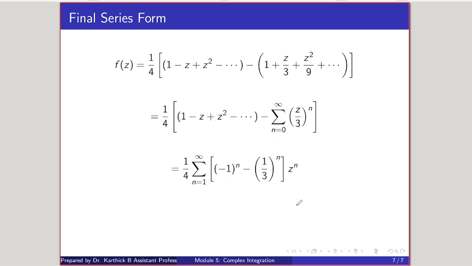On the next step, we have changed n equal to 1. That means we have cancelled the first term. Then it will be minus 1 whole power n, 1 by 3 whole power n in the general case. For both the terms we have z power n as a general one. So we may take that z power n outside the given expression. And then at last, I am just simplifying it. So this will be the final answer.